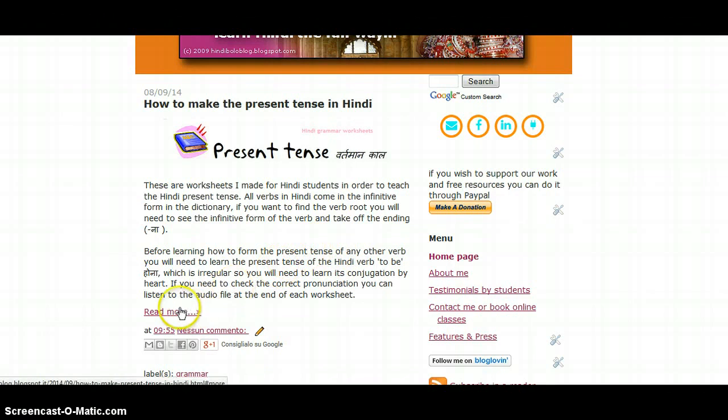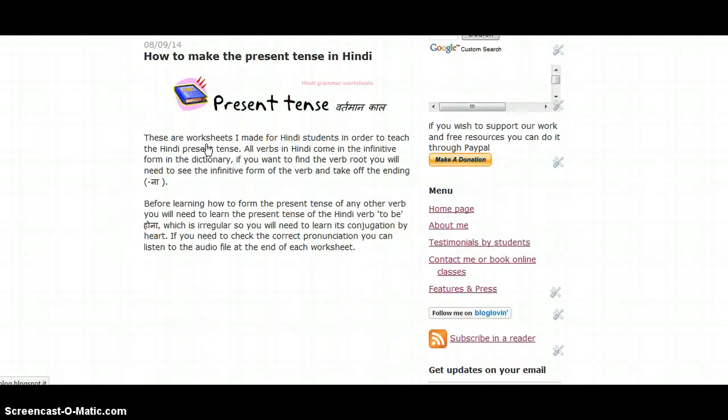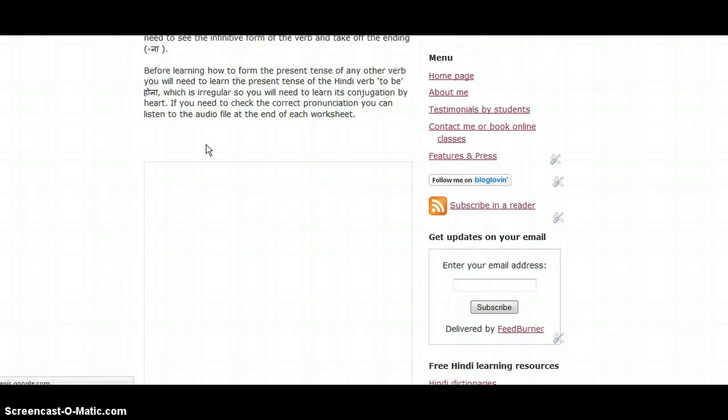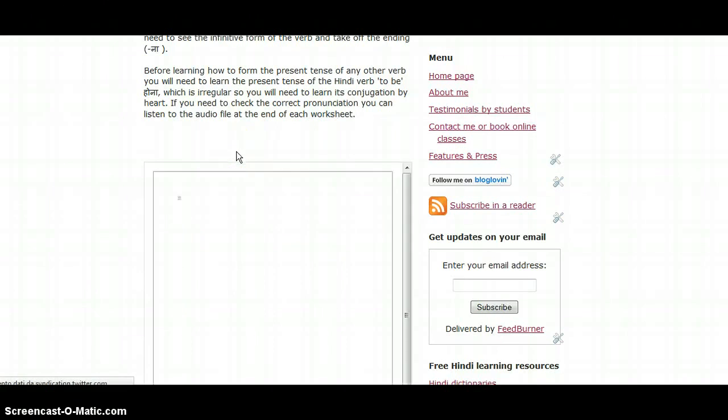You will also get to see a few exercises for practicing the present tense in the same post, and you will be able to download the worksheets from that post.